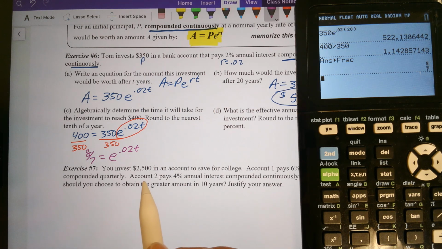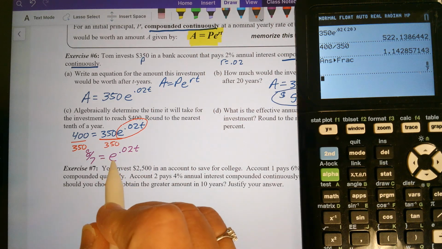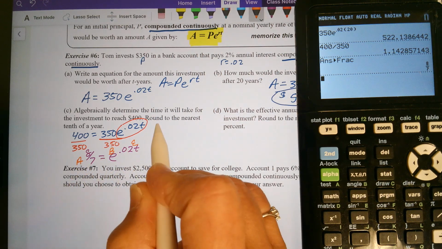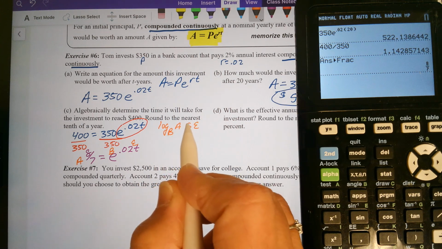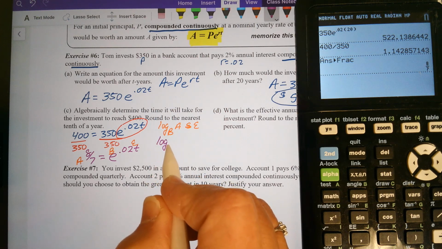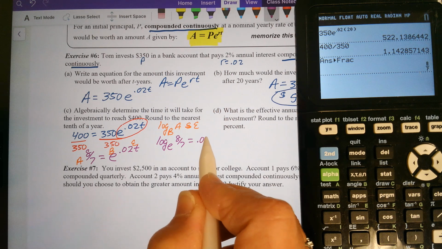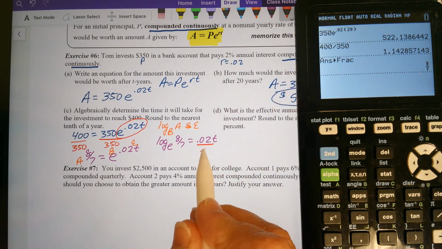Now we switch to log form. Remember, this is our base, that's our exponent, this is our answer. Log form, we spell out log base. So log base e of 8/7 equals 0.02t. Sorry, there's not much room here. Get t by itself. Divide by 0.02.